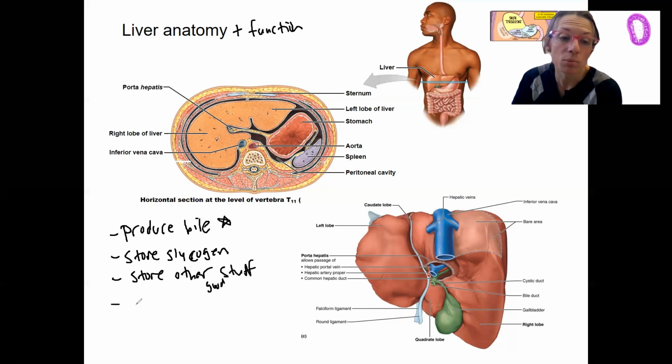Also important for detox, dealing with drugs, alcohol. So we'll briefly touch on that. The main thing, again, we'll focus on is the hepatocytes producing bile. We'll focus actually not on how they produce it, but what that bile does.